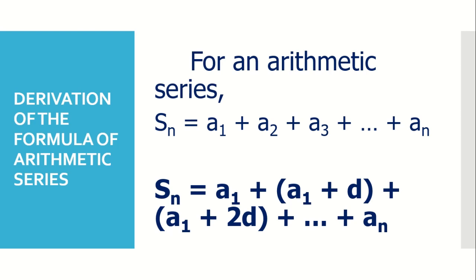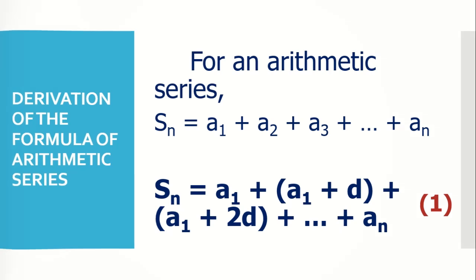So we have S sub n equal to a sub 1 plus a sub 1 plus d, which refers to a sub 2, plus a sub 1 plus 2d, which refers to a sub 3, until a sub n. This will be the first equation.